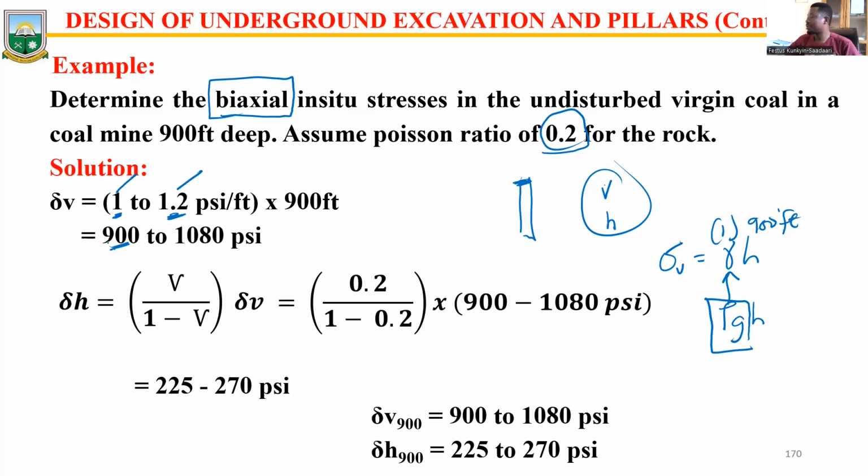Then again, you pick your sigma V is equal to 1.2 times your height, which is 900 feet. And there you have it. You have your answer again, which is 1,080 pounds per square inch.